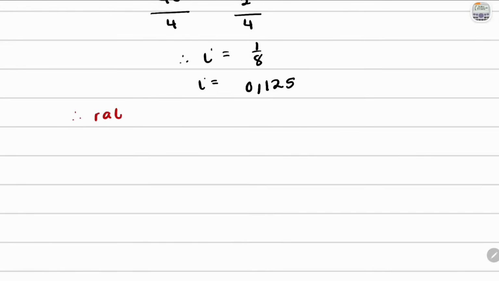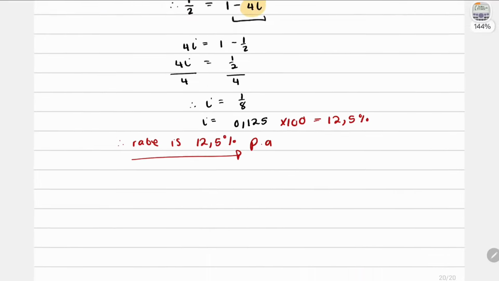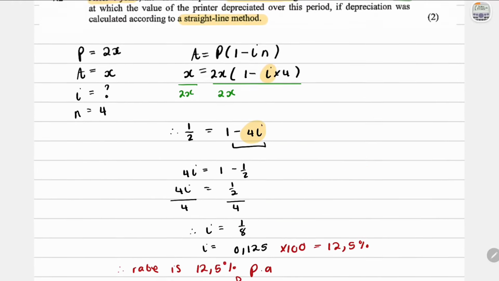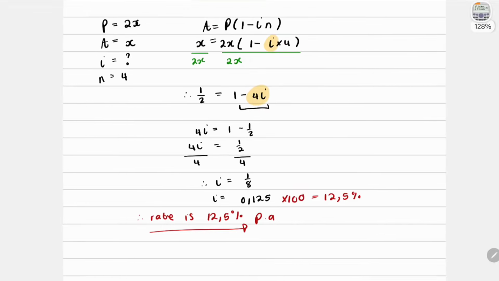So this means that the rate is, multiply that by 100, that's going to be 12.5%. Again, you can use a calculator. So the rate is 12.5% per annum on simple decay. Okay, so that is it for 7.2, and we move on to 7.3.